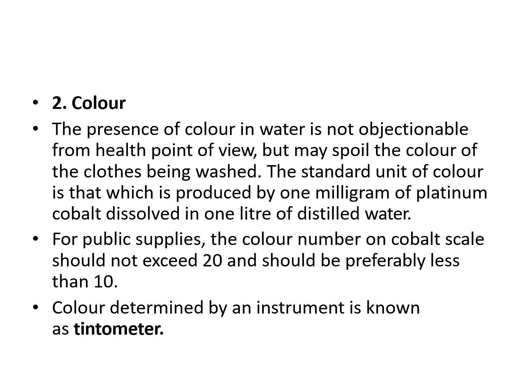The standard unit of color is that produced by 1 milligram of platinum per liter. For public supply, the color number on the cobalt scale should not exceed 20 and should not be less than 10. The color is determined by using an instrument known as the tintometer.